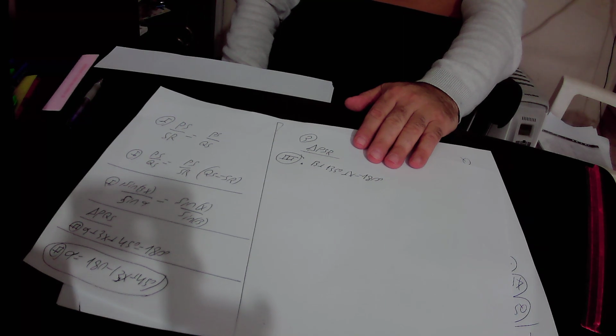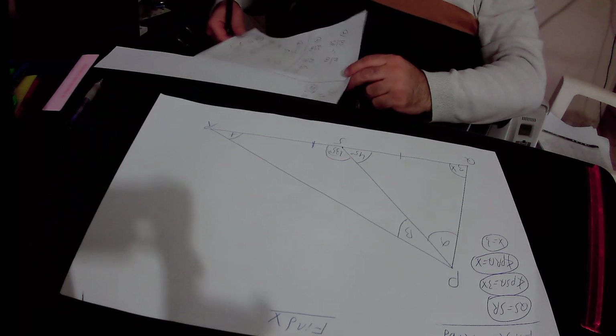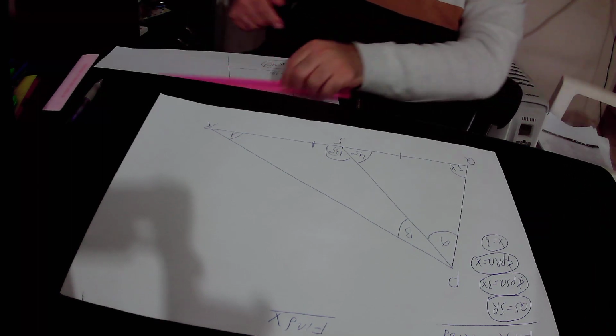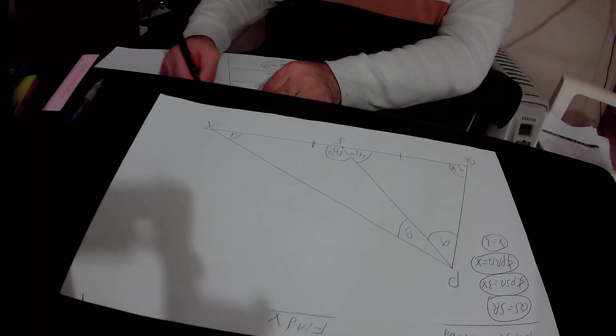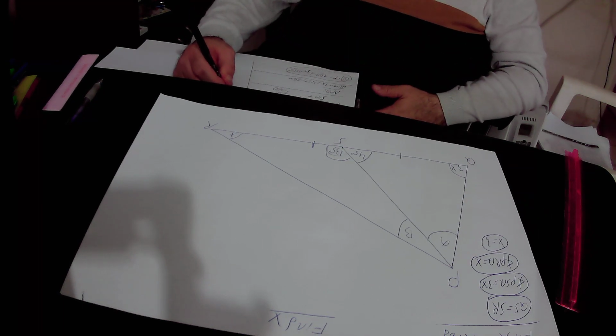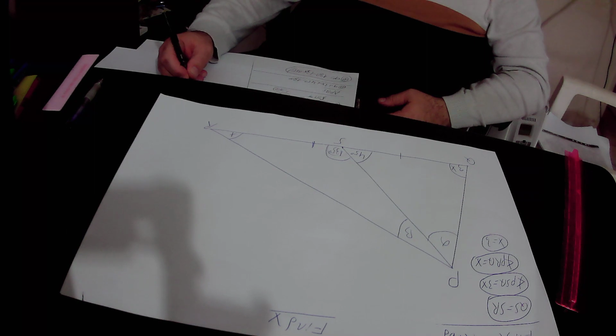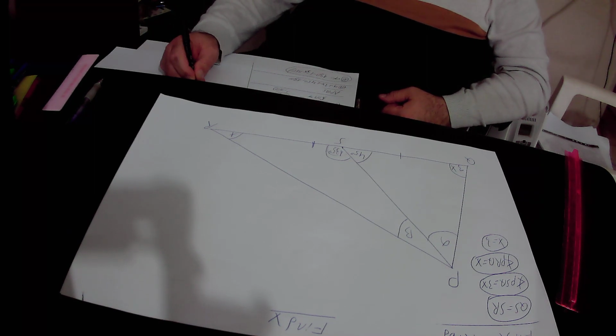Here we will subtract 135 degrees and also x from this equation number 3, and we will get that beta equals 180 degrees minus 135 degrees, which is 45 degrees, and also we subtracted x, so it is 45 degrees minus x.